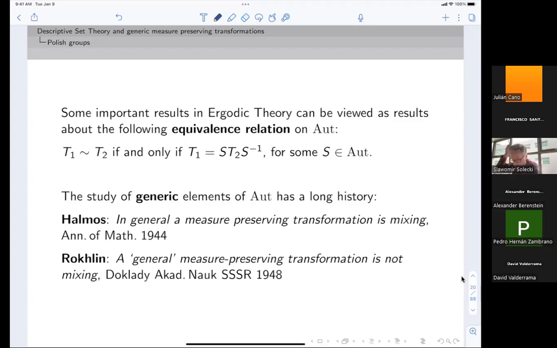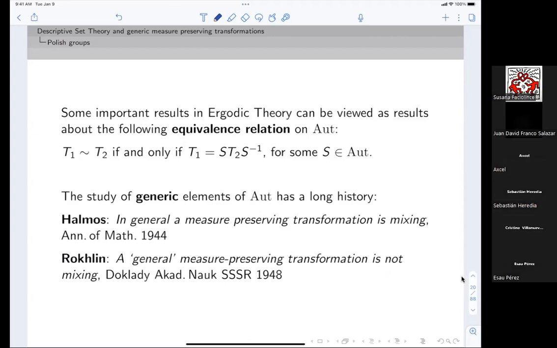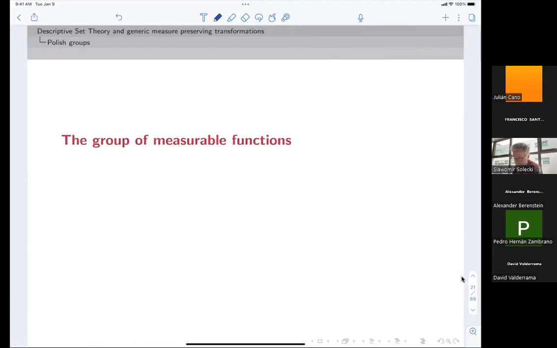Rokhlin was talking about strongly mixing transformations, Halmos was talking about weakly mixing transformations. So everything was resolved peacefully. The main point that I'm making is that this study of generic elements has a long history. It's really from the 40s, almost the beginning of ergodic theory.